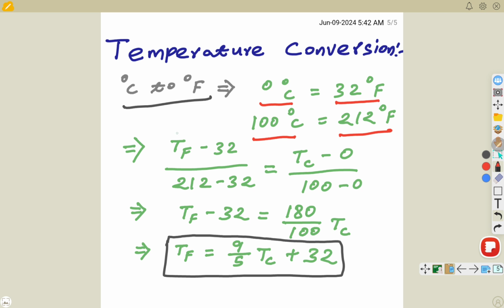So using this formula, the temperature minus the lower limit divided by the upper limit minus lower limit, and similarly we will do for Celsius scale. So we will find temperature in Fahrenheit scale minus 32 is equal to 180 upon 100 multiplied by temperature in Celsius scale.